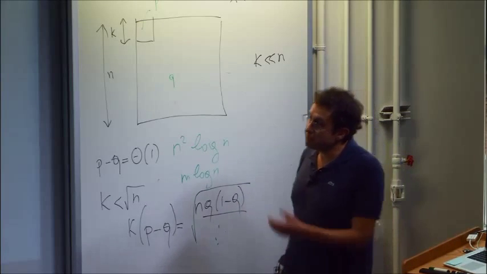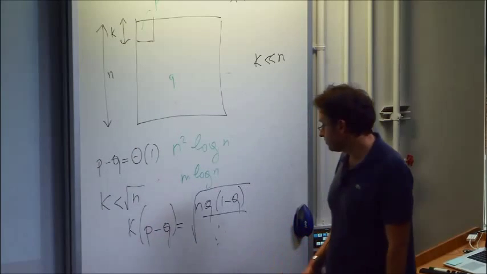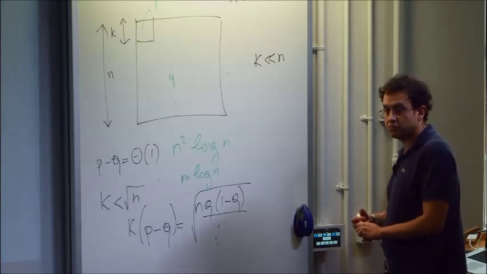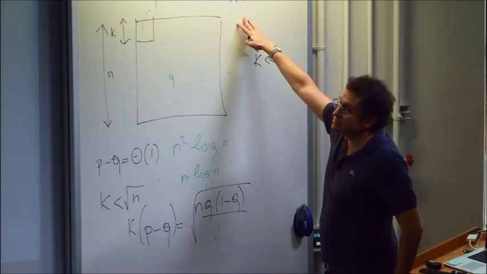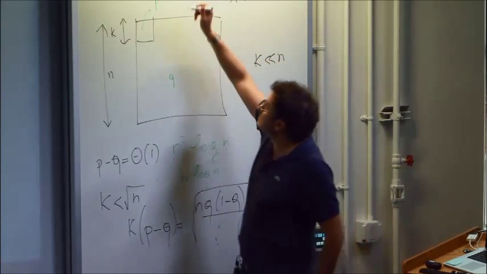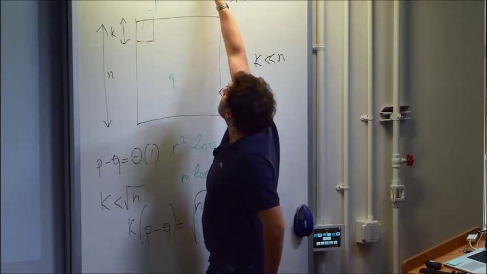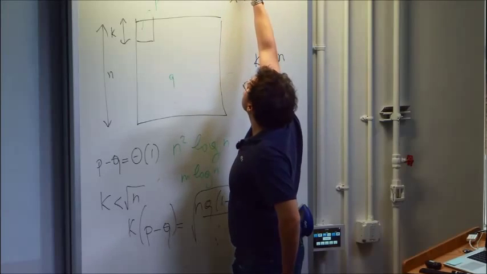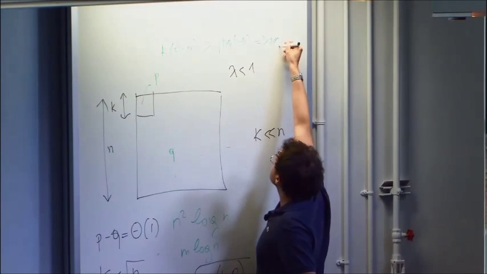Now what is the basic intuition? Just to parse that formula, when k is equal to root n, then essentially p minus q, so you're saying in that case when there's a constant gap between p and q, you can recover it. Yeah, so this statement about spectral methods tells you that if k times p minus q is bigger than square root of n times q times 1 minus q, PCA works.